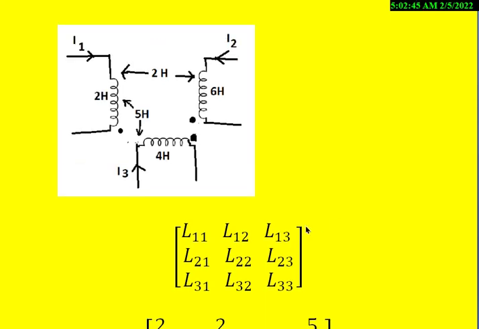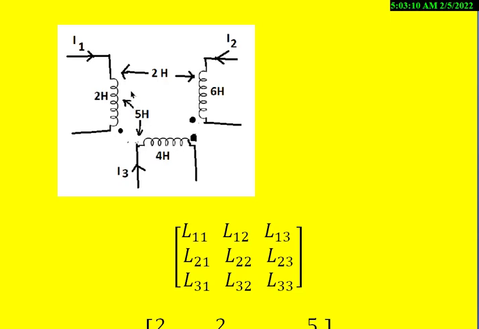Then L13, the mutual inductance between coil 1 and coil 3 is 5 henries, and applying the dot rule, if you look at this, it comes under the category called dot rule 2, that is current leaves the dot in one coil. Similarly in the other coil also current leaves the dot, so it comes under dot rule 2.